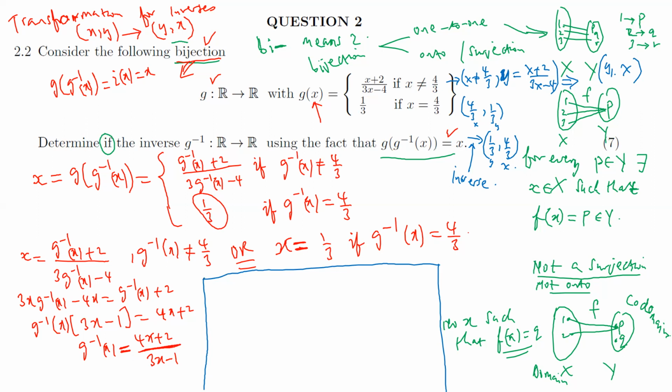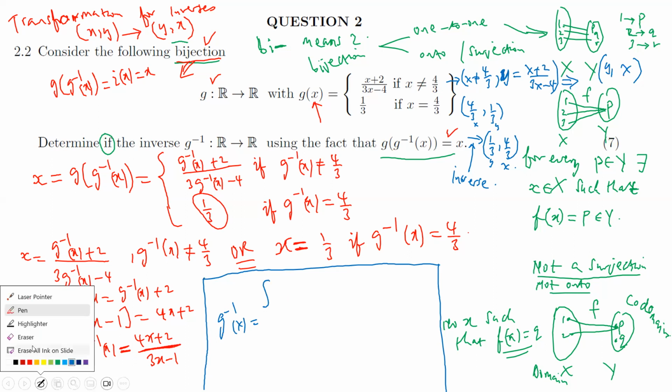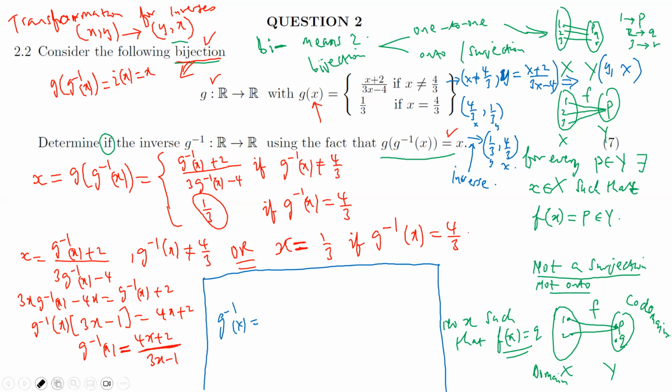Okay. Now it means G inverse of X. This can just be put together, this discussion here. Okay, so you have this.